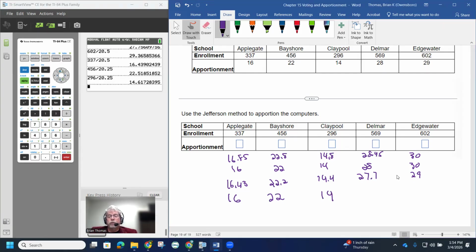What I'm hoping for is this one jumps back up to 28.